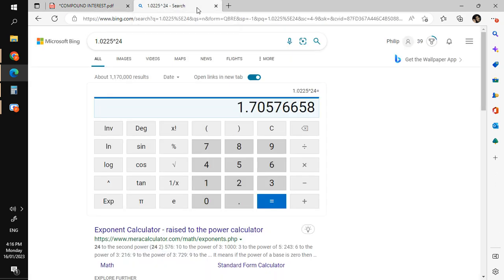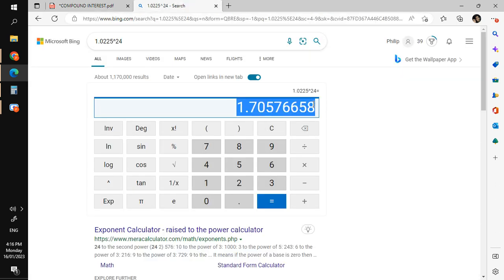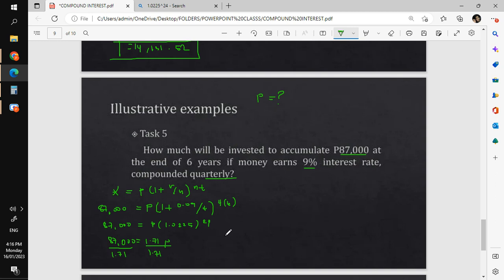Okay, let's just approximate. Let's stick to, let's say, two digits after the decimal point. So from 1.705 something, this will lead us to 1.71. Okay, 1.71 P. Now we need to get the value of P, so we will be dividing both sides by 1.71. Or if you want to get a more accurate answer, you can just copy the entire numbers in here.